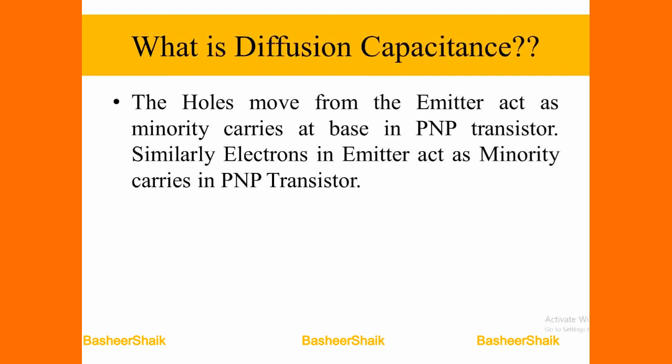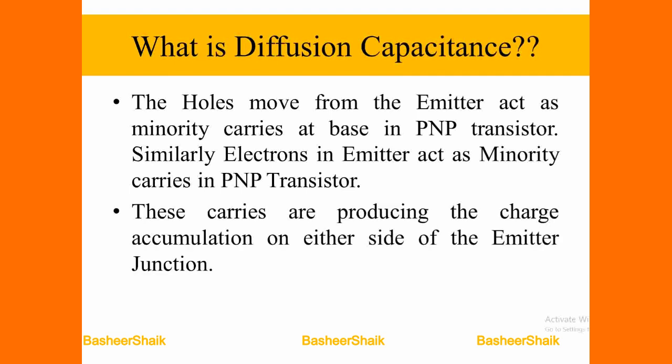Similarly, electrons enter the emitter and act as minority carriers at the emitter. These minority carriers lead to the diffusion capacitance, and the accumulation of the minority carriers on either side of the emitter junction produces the diffusion capacitance.